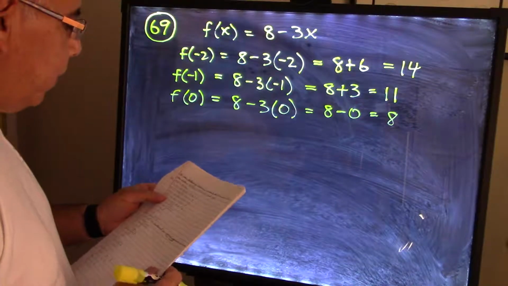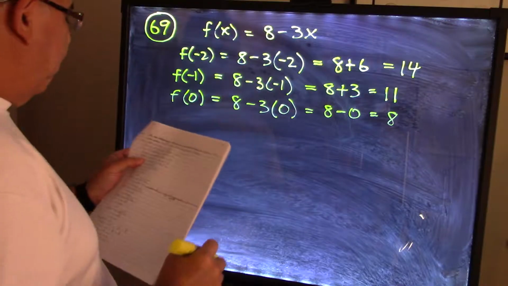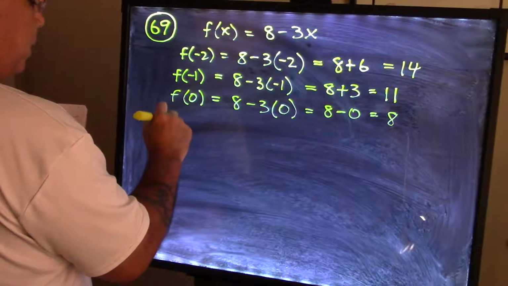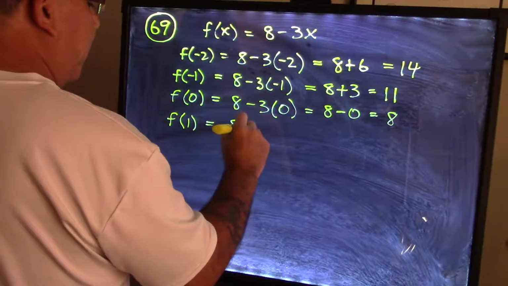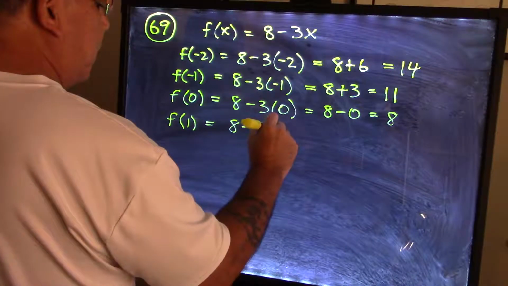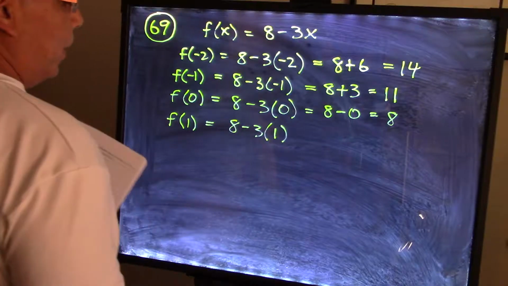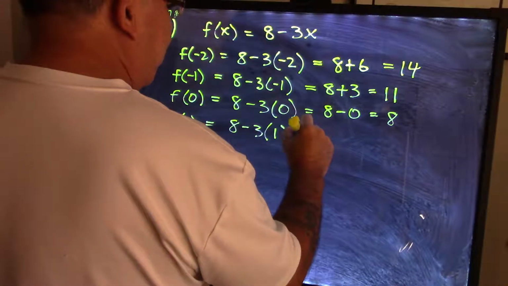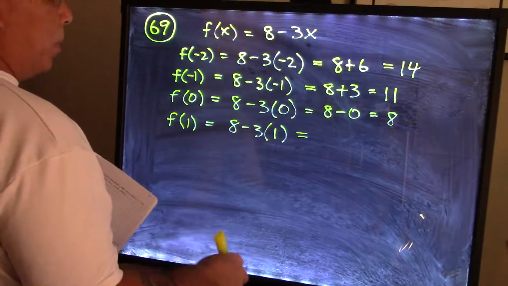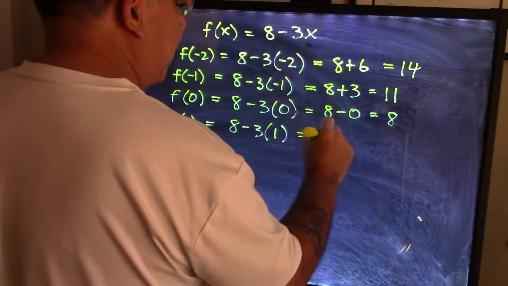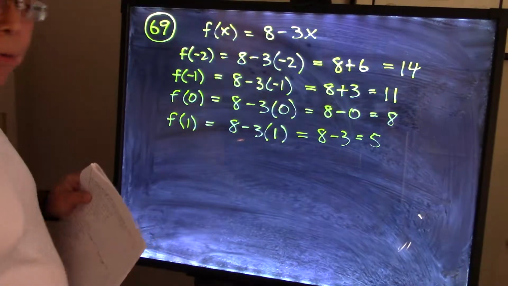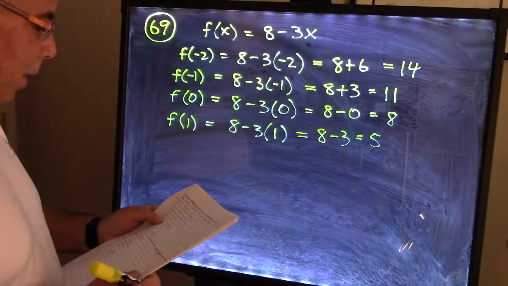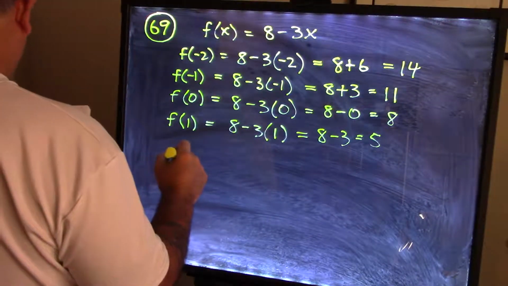And then f of 1. That's 8 minus 3 times 1, which is 8 minus 3, because minus 3 times 1 is minus 3. So 8 minus 3 equals 5.